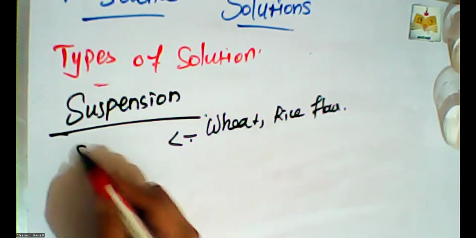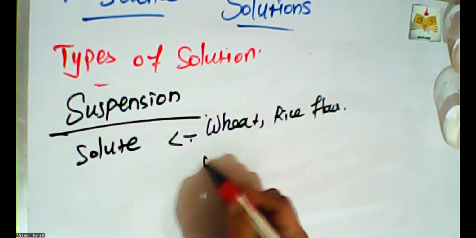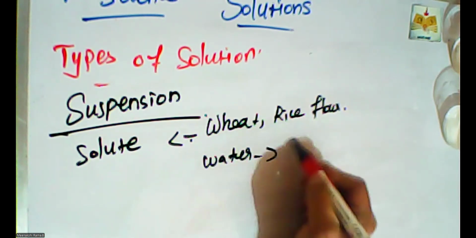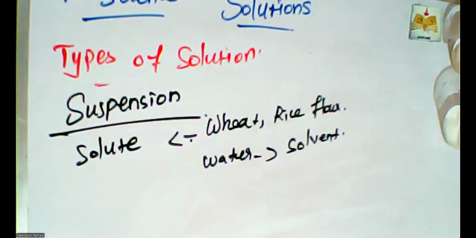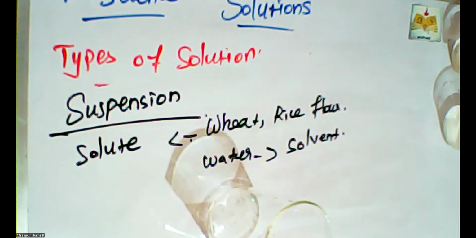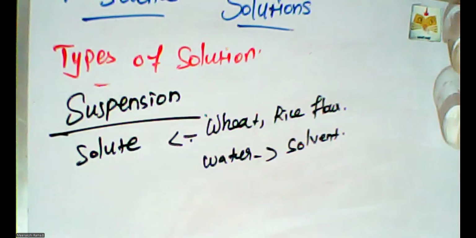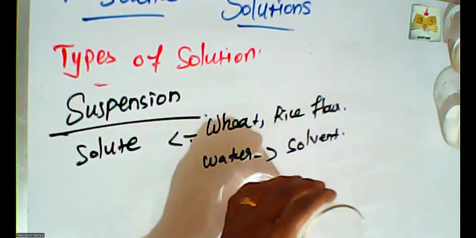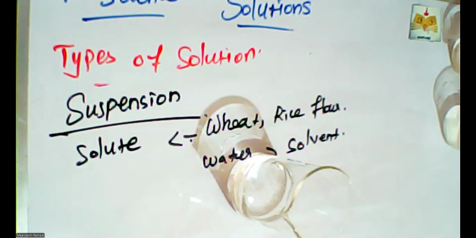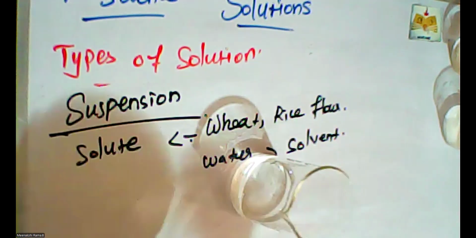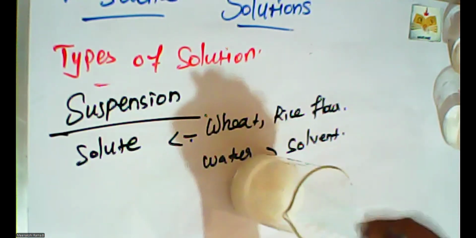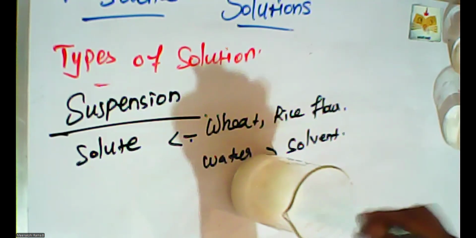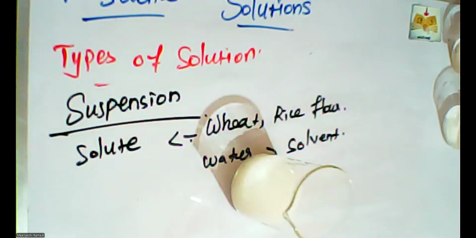Wheat flour is the solute and water is the solvent. In this solution, the suspension category, taking some quantity of water, put some flour. So look at this beaker. I'm stirring the solute into the solvent.